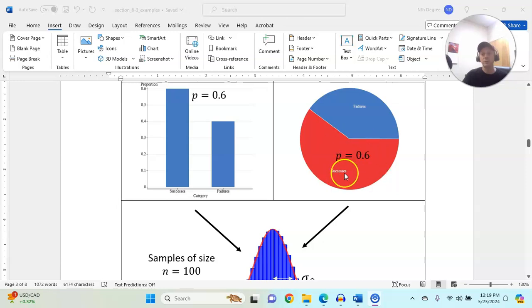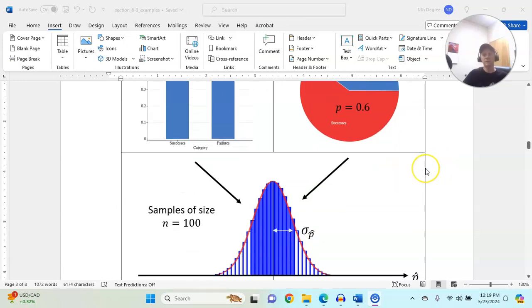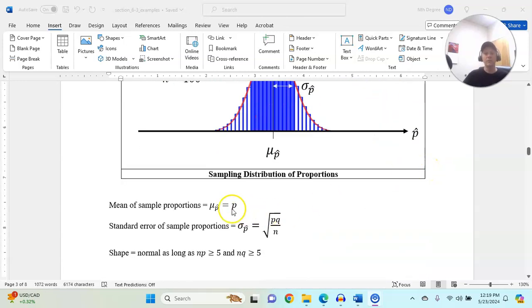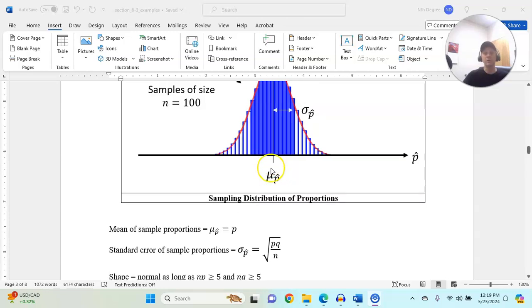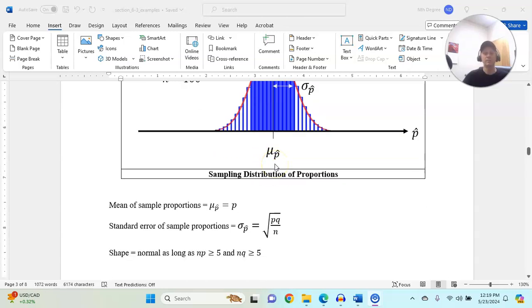And I think most students would say, well, probably usually around 60%. Yep, that's right. Okay, so we just borrow that from the population. The mean of the sample proportions is equal to the population proportion. So 0.6 goes right in the middle. Oh, good. That was an easy concept, very intuitive.